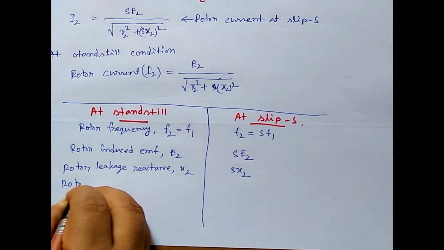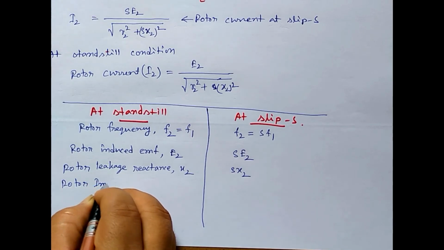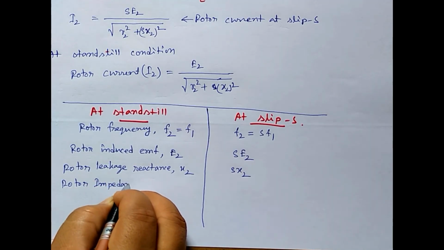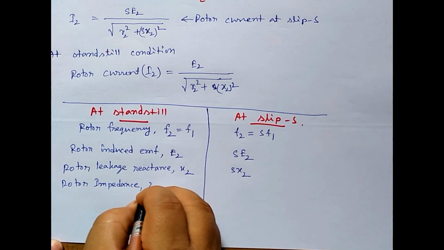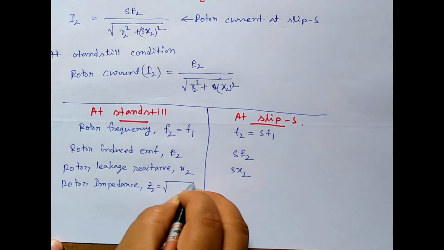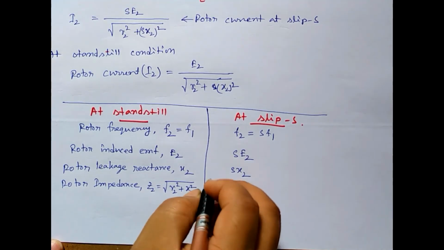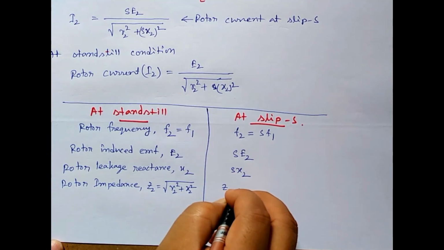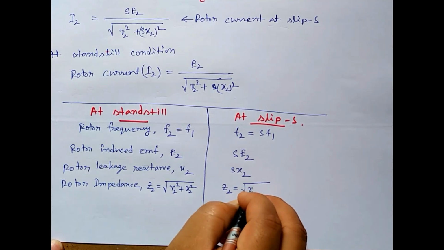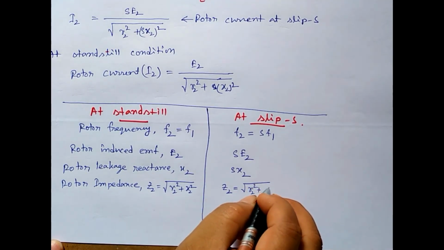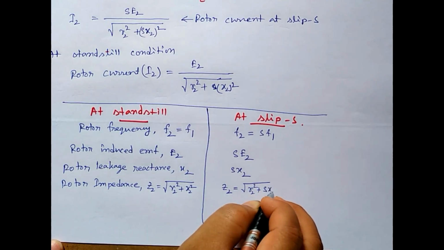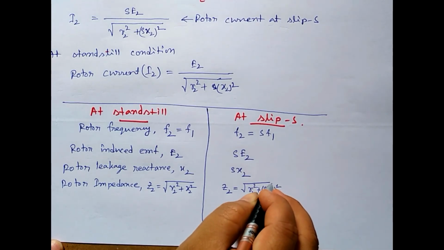Rotor impedance Z2 equals root over R2 square plus X2 square, whereas here it is Z2 equals root over R2 square plus sX2 whole square.